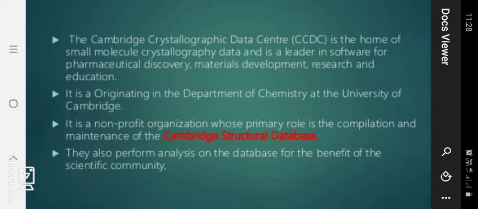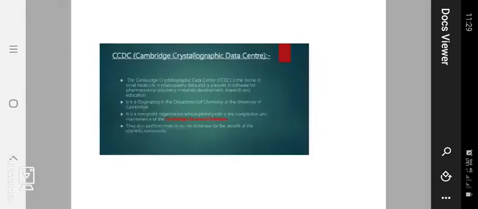It originated in the Department of Chemistry at the University of Cambridge, and it is a non-profit organization whose primary role is the compilation and maintenance of the CSD, Cambridge Structural Database. They also perform analysis on the database for the benefit of the scientific community.